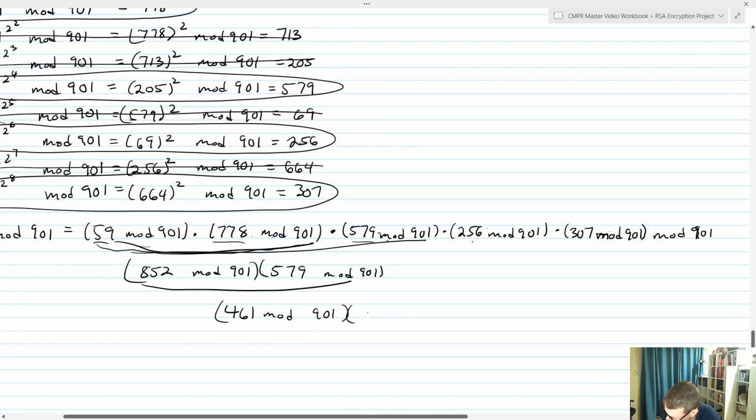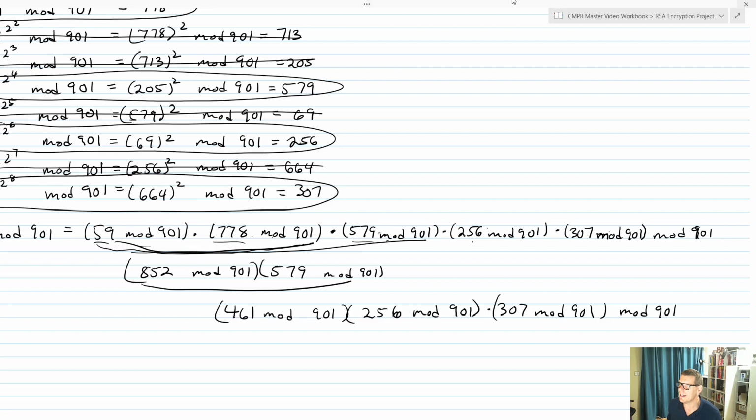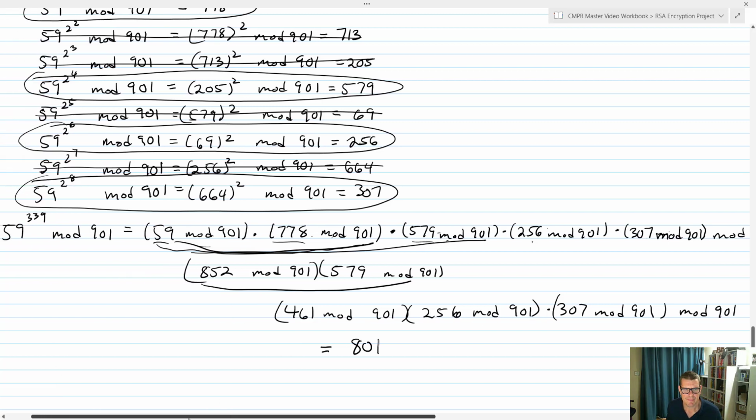And I just need to now multiply 256 mod 901 times 307 mod 901, and then take that mod 901. And if I go through and I actually multiply those ones together, what I end up getting is 801. 801 mod 901, but just 801, which is what I started with. We've now successfully decrypted, okay?